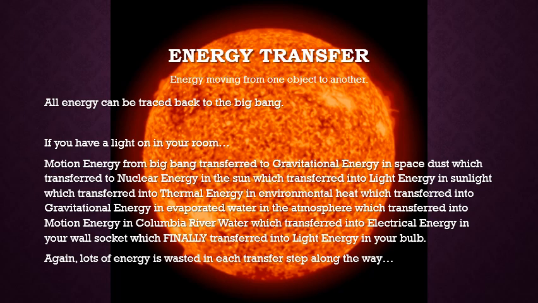Then that water falls as rain and goes into rivers where it has motion energy again, moving water, like for example the Columbia River water, which then in our Bonneville Dam gets transferred into electrical energy, which then goes through the wall socket and eventually gets transferred into the light energy in your bulb. So that's a whole bunch of energy transfers from one object to another to another to another. And every other kind of energy that you can think of could be tracked back to the Big Bang as well.